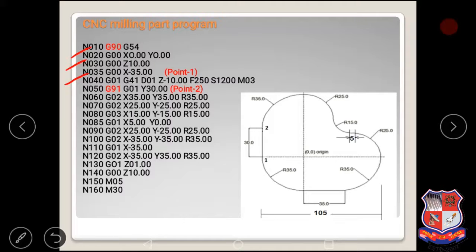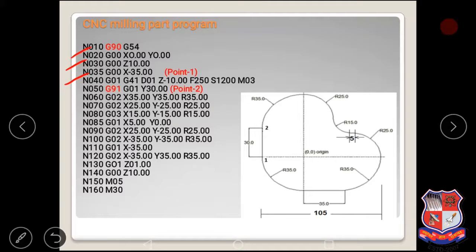Our point 1 is the initial point from where we will start to prepare the object, and to get the object with perfect dimensions we use the cutter radius compensation, and that's why we give the command G41 to apply the cutter radius compensation to the left.